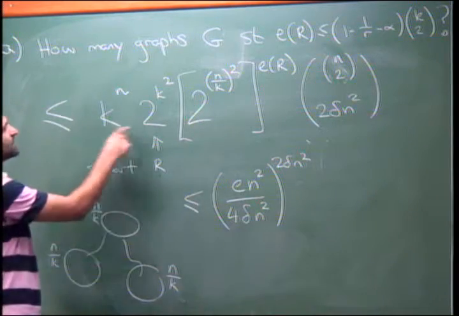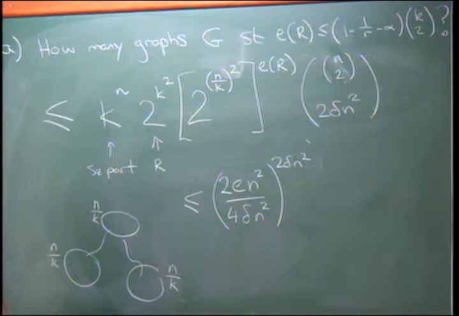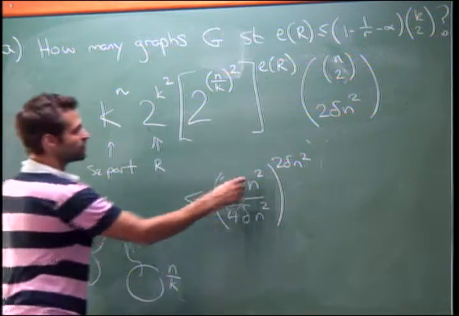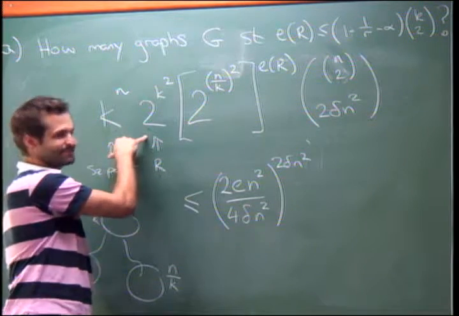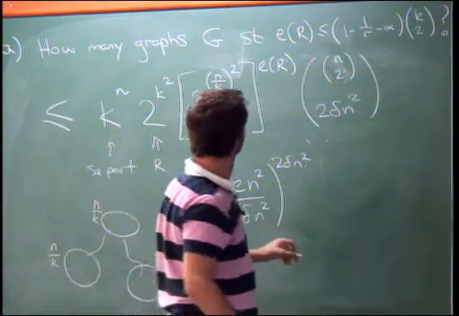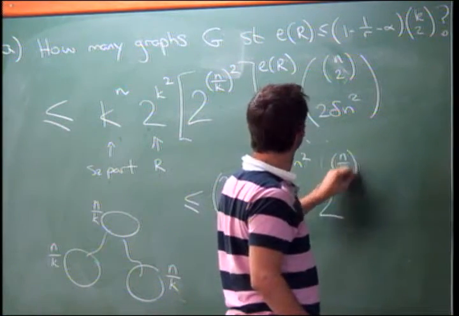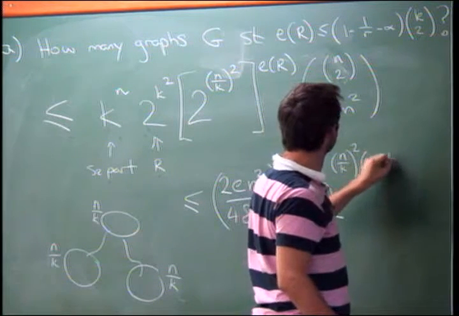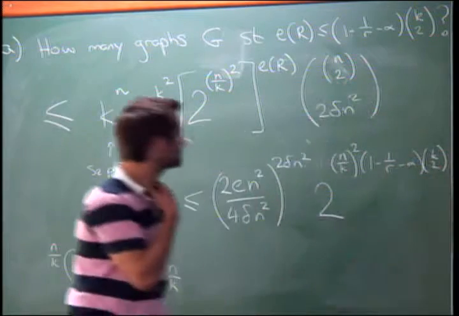And to take care of these two terms, I'll just stick a 2 in here. Right? So 2 to the delta n squared is much bigger than this. And then this term, if I just substitute in, it's 2 to the (n over k) squared, times (1 minus 1 over r minus alpha) times k choose 2.